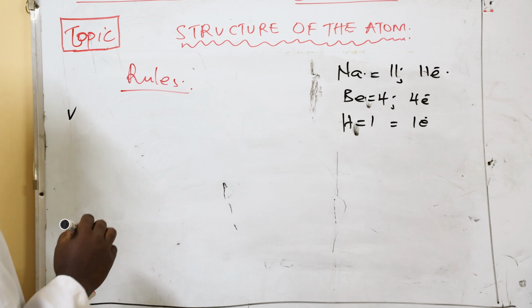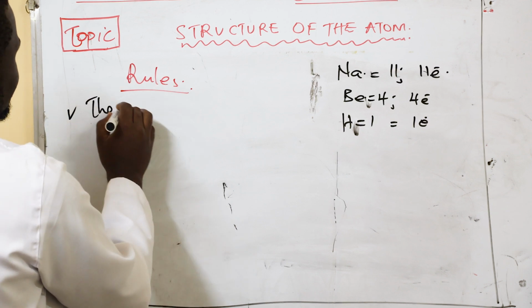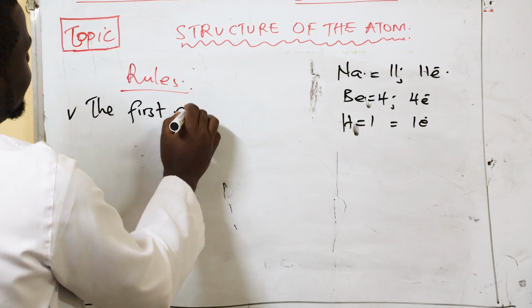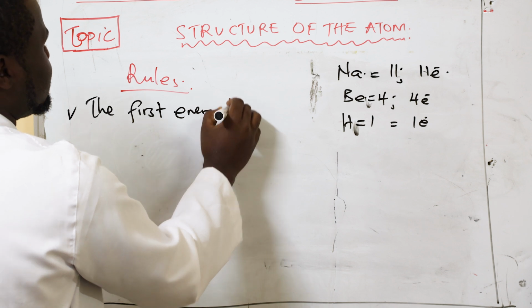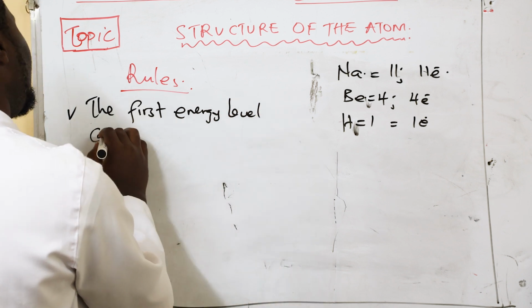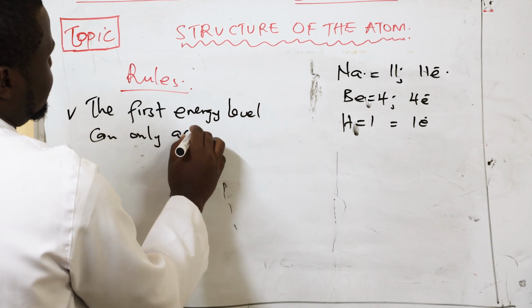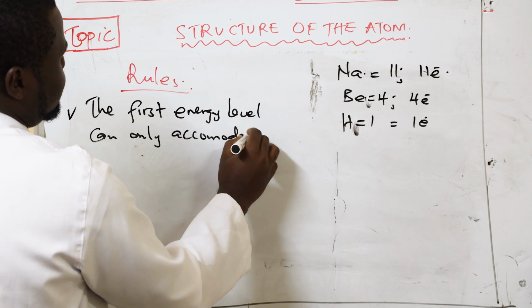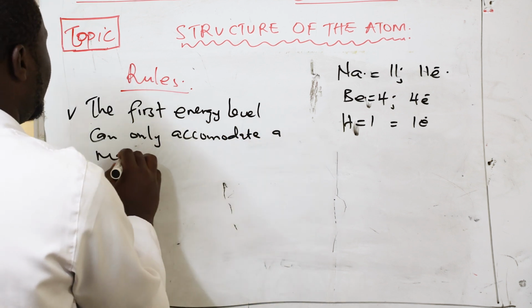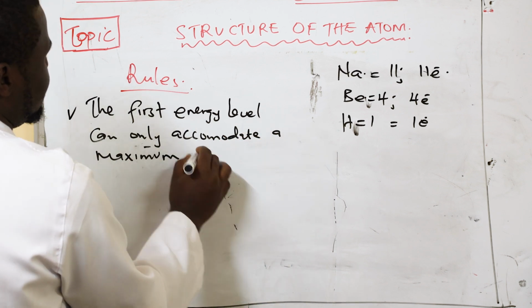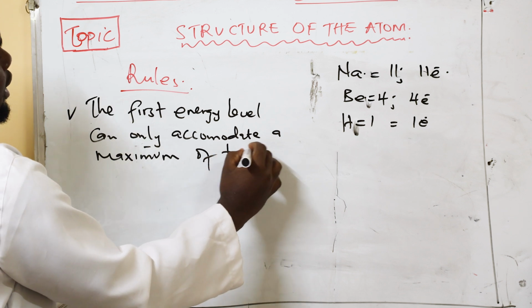Number one states that the first energy level can only accommodate a maximum of 2 electrons.